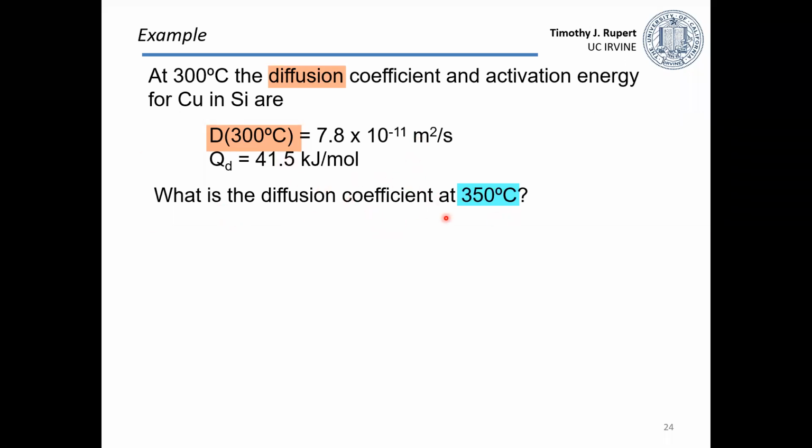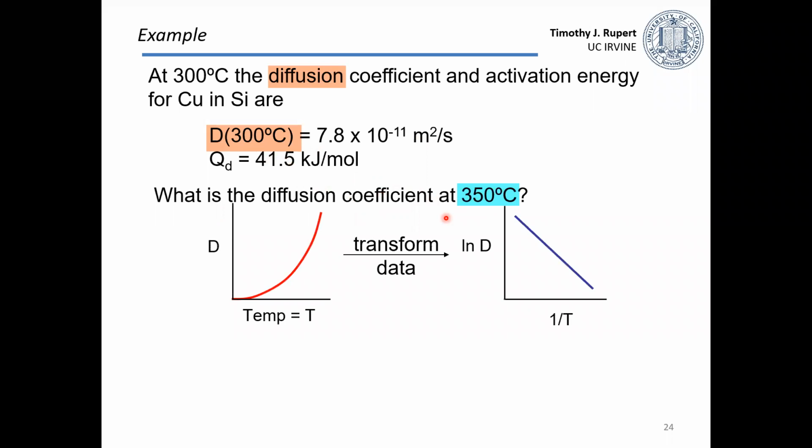With that, I could ask, what would the diffusion coefficient be at 350 degrees C? You could think about what that data looks like. You know that diffusivity is going to be exponential with temperature from our Arrhenius law. Alternatively, you could think about it being a straight line on a plot of natural log of diffusivity versus 1 over temperature.